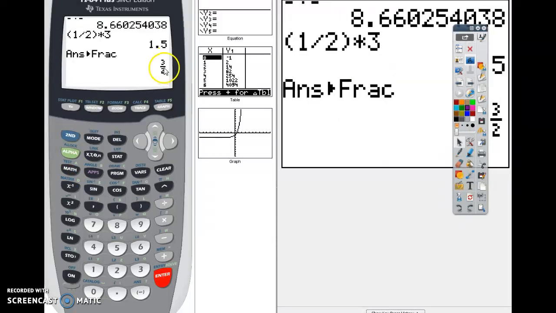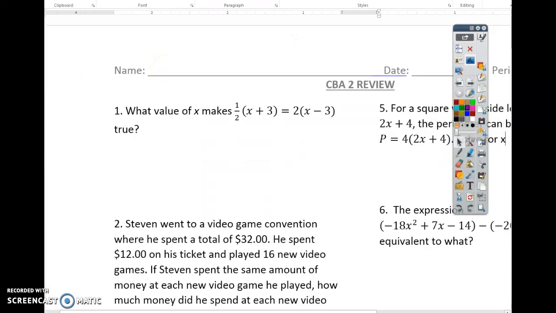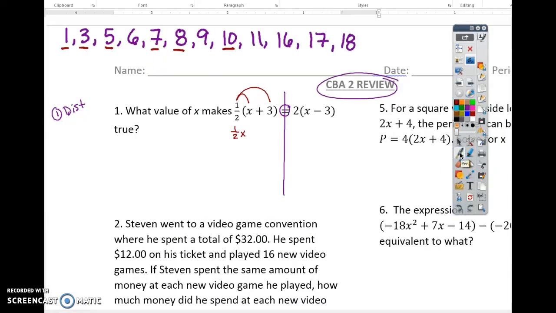Gives you 3/2. So we're going to put 3/2 here. 1/2 times 3 is a positive 3/2. Equal. Distribute the 2. 2 times x is 2x, and 2 times negative 3 is a negative 6. If you mess up on the sign, you're going to get the question wrong. So I did that one.